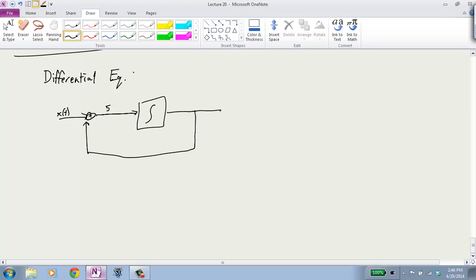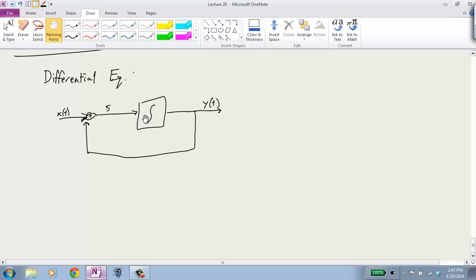Let's do something like this. What I've got here, the arrows are pointing in the directions that a signal goes. So x of t comes into this adder. This adder is going to take y of t and add it to x of t. And then the 5 there means it gets multiplied by 5. So it goes through some sort of amplifier that scales it up by a factor of 5. And then it comes in here, and this block just takes an integral.